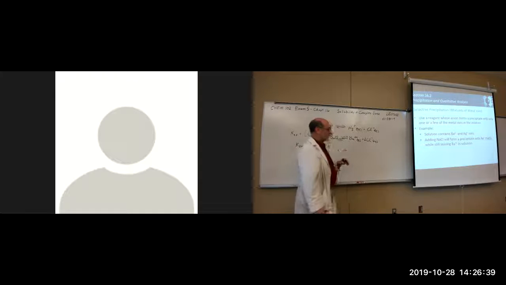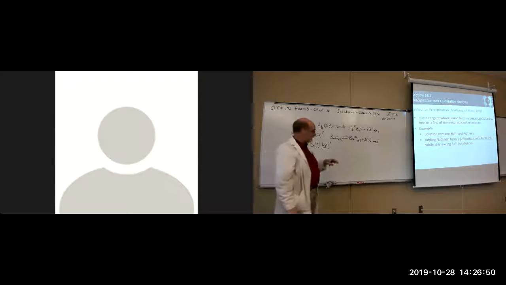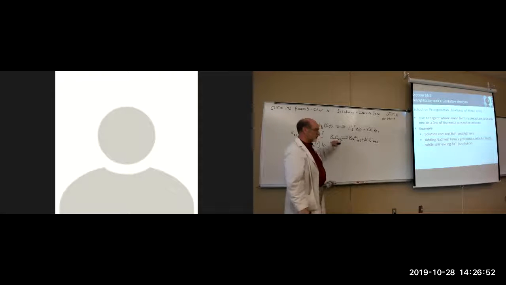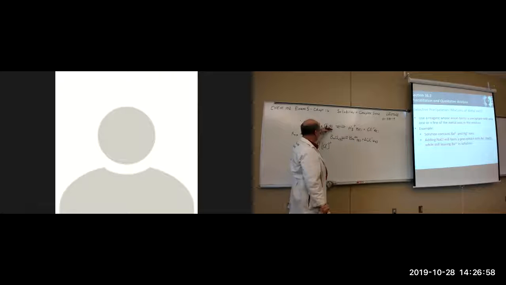barium behind. Now that assumes that the solubility of barium chloride is greater than silver chloride. If the solubility of barium chloride is greater than silver chloride, then we can add chloride up to a certain level that precipitates silver chloride, but will not precipitate barium chloride.